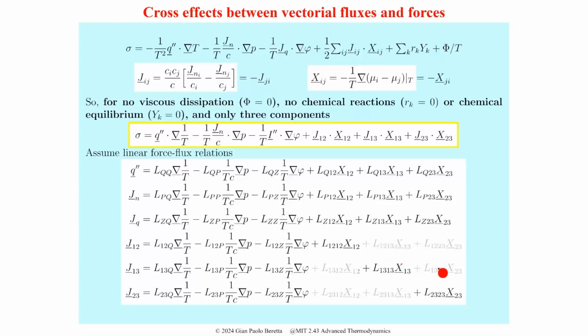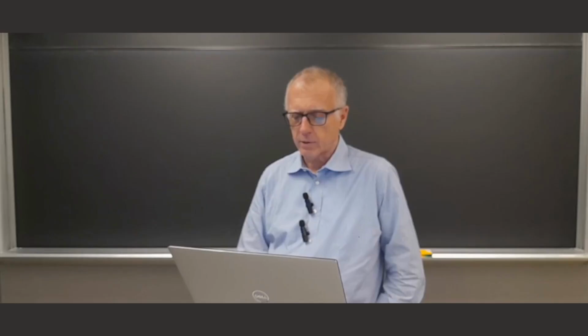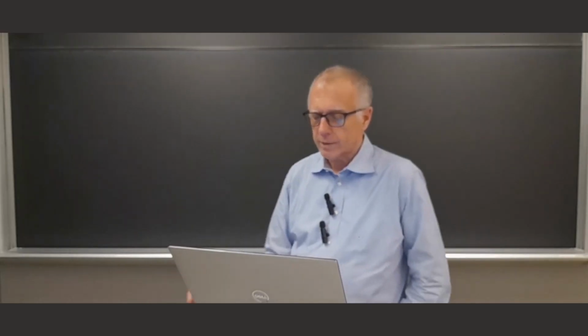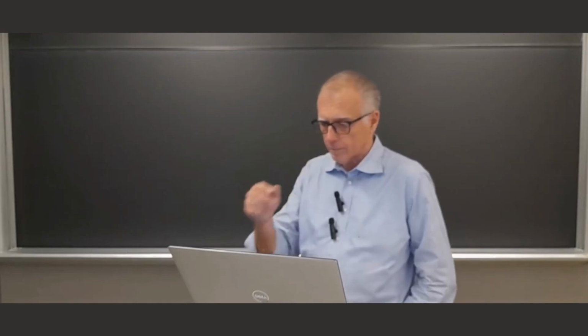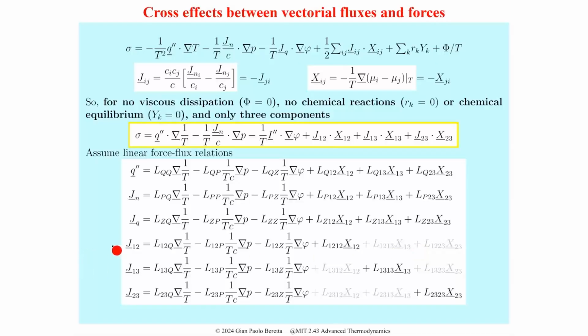For example, here I've already sort of shaded out these off-diagonal ones, because most of the times you assume that the relative flux of pair 1, 2 is driven by the relative difference in gradient of chemical potentials of that pair, and not the other ones.